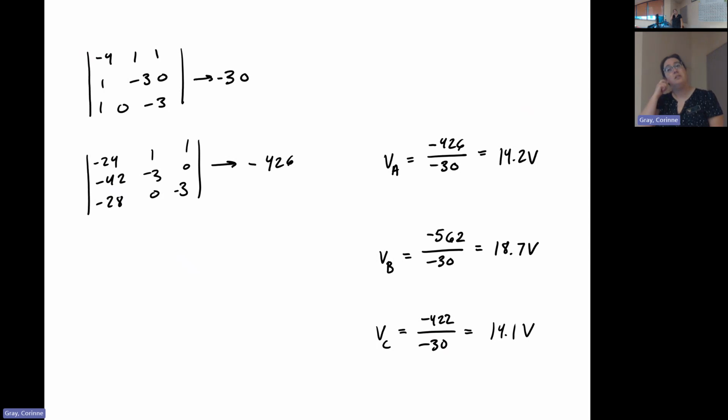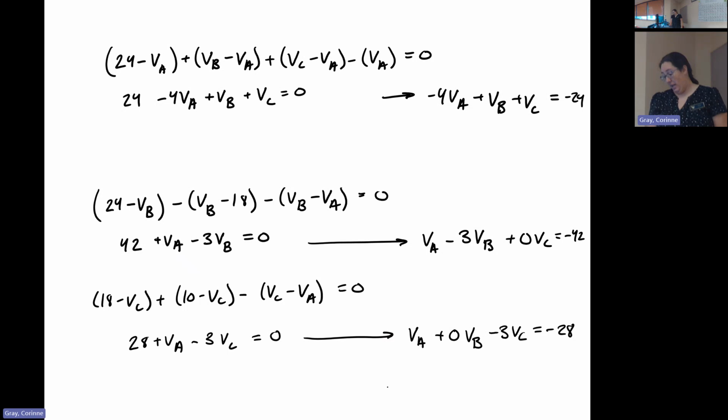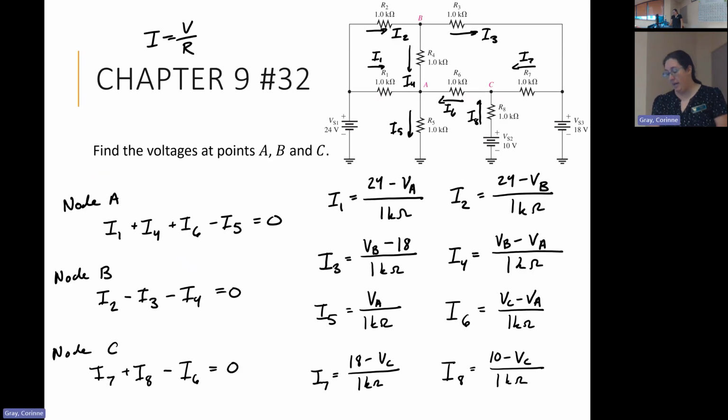So if you choose random directions for the currents at the beginning, would that screw anything up? As long as we stay consistent, no. When I did my math, I have I4 going the other way. It gets you to the same thing, as long as you are keeping all of your signs correct. Let's say we switch the direction of I4, this would be negative.